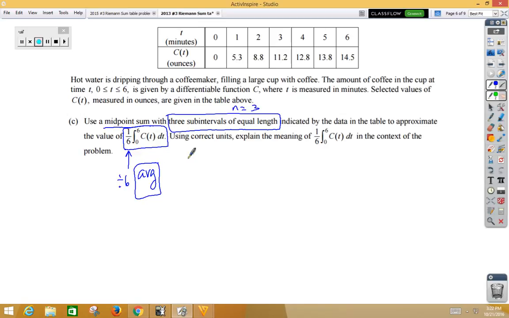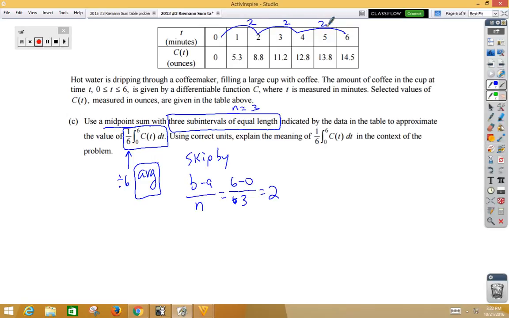We need to know what we are skipping by, and skipping by is always b minus a over n. So we're going to go 6 minus 0 divided by the number of subintervals, 3, which is 2. So 0 to 2, 2 to 4, 4 to 6, all skipping by 2's.